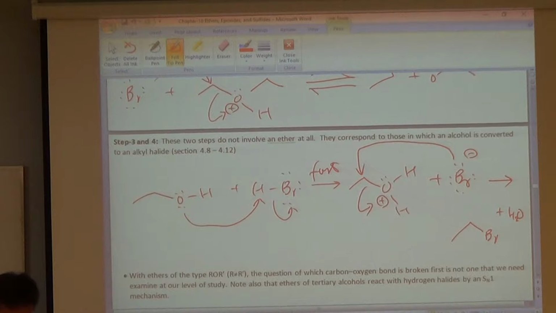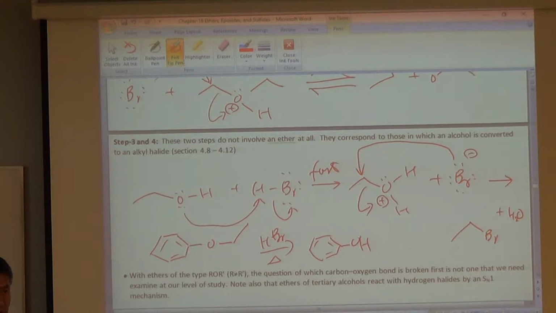If instead of alkyl it becomes like phenol, like this, and you add HBr and heat, what you will produce is phenol, which is a kind of alcohol, which we'll start in chapter 21, plus this.